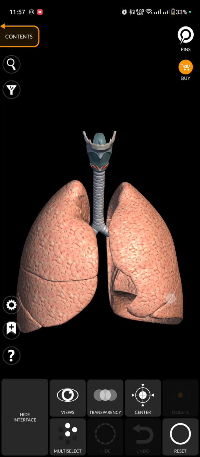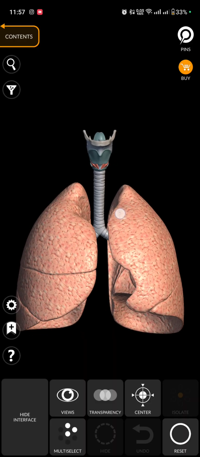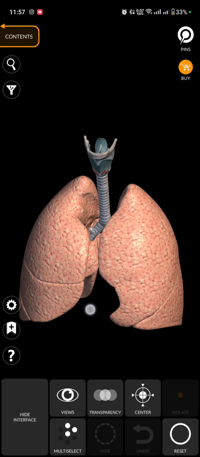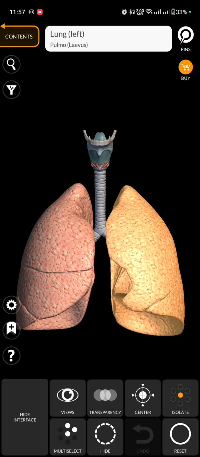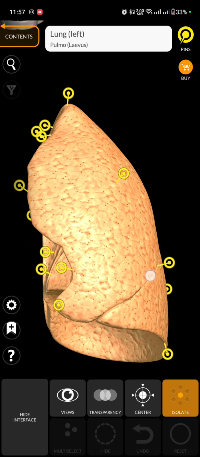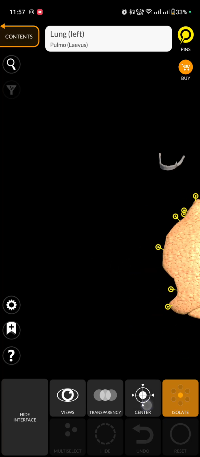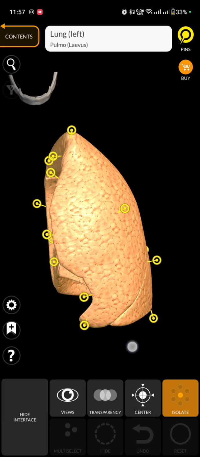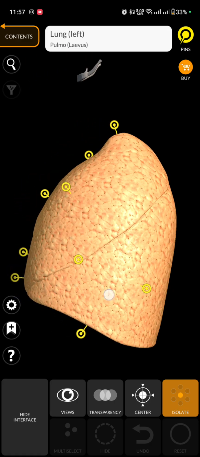Now, we will talk about the surfaces of the lungs. To talk about the surface of the lungs, we will have to isolate one lung. Let us isolate the left lung. If you isolate any lung, regardless of whether it is left or right, we will see that the lung has two surfaces on the exterior part.